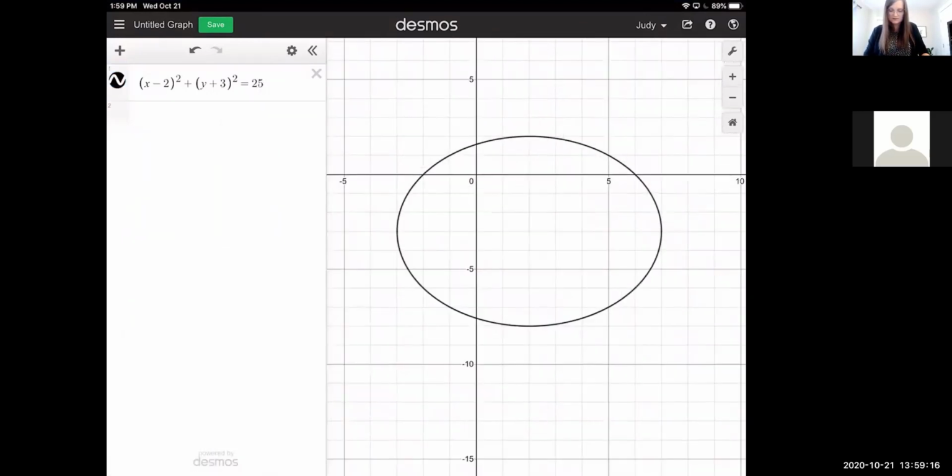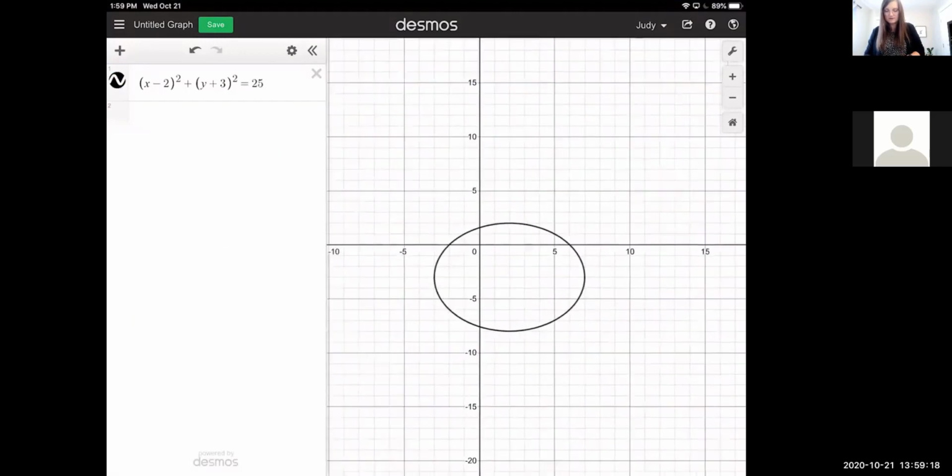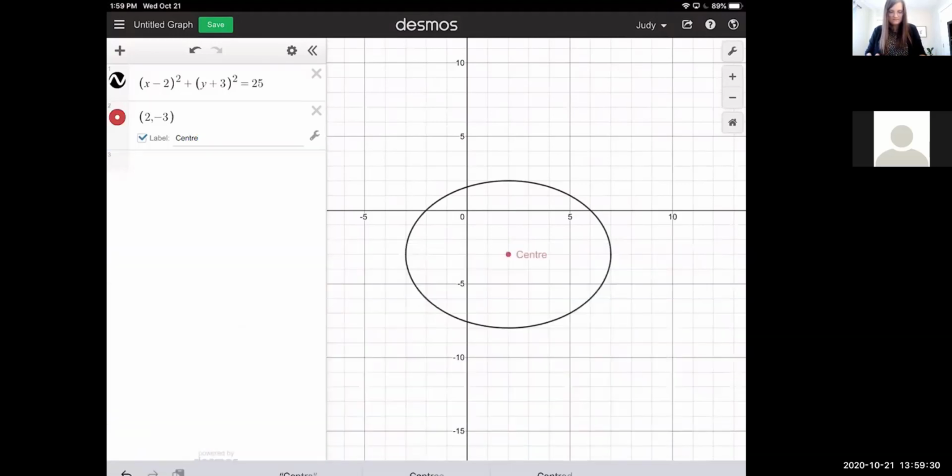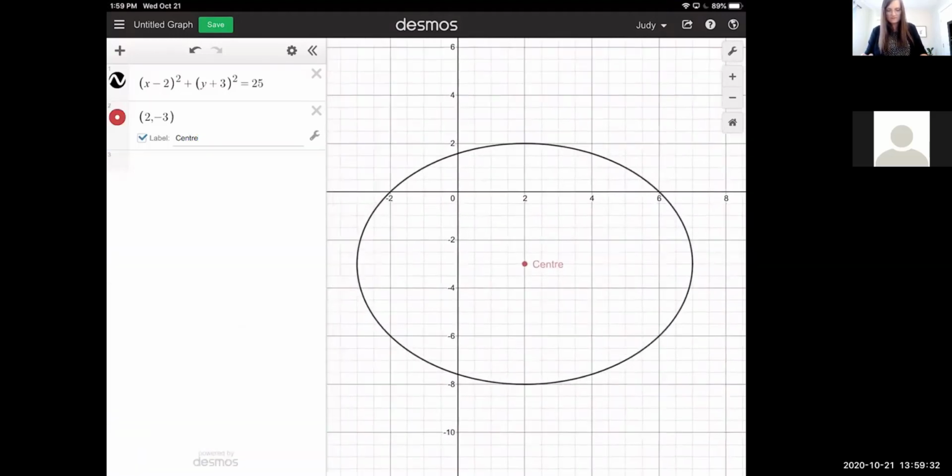Let's see if that works. It's kind of hard to see where the center is, but I can plot 2, negative 3. Center, right?